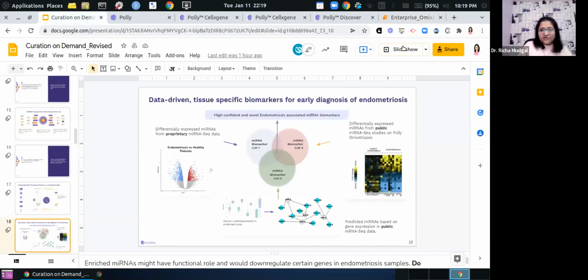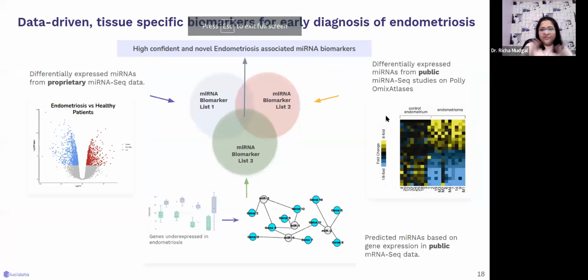So just going back to the slide, summarizing what they were able to do: from their own proprietary data set, they had a list of microRNA biomarkers, which they could find from additional data sets that we had found for them. They were also able to get a list of biomarkers for that.